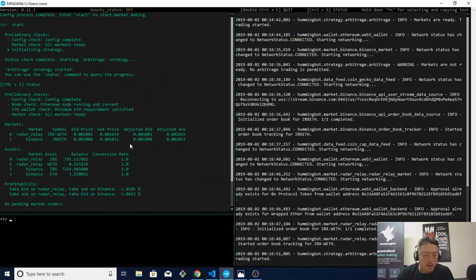Okay, so right now there isn't much of an arbitrage on Radar Relay and Binance, but to explain further, the way that our arbitrage strategy works is that it looks basically through the entire order book on both sides and tries to figure out, for both order books, how much does it make sense to do in terms of size.